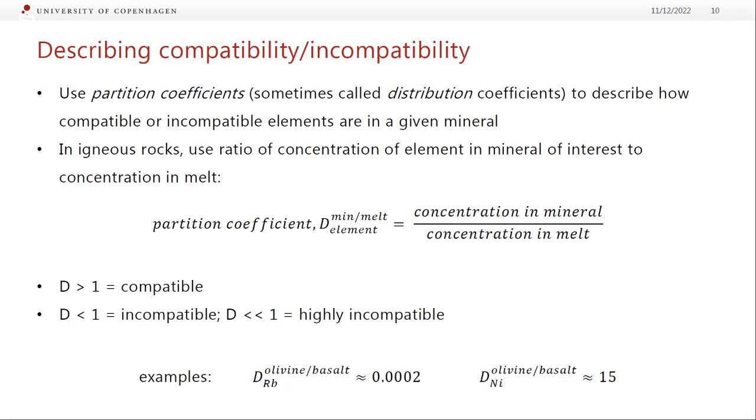It's similar to potassium. It's in the same group in the periodic table. And the olivine basalt partition coefficient for rubidium is really tiny. So this would be considered highly incompatible. By contrast, the olivine basalt partition coefficient for nickel is quite high. So that's compatible.